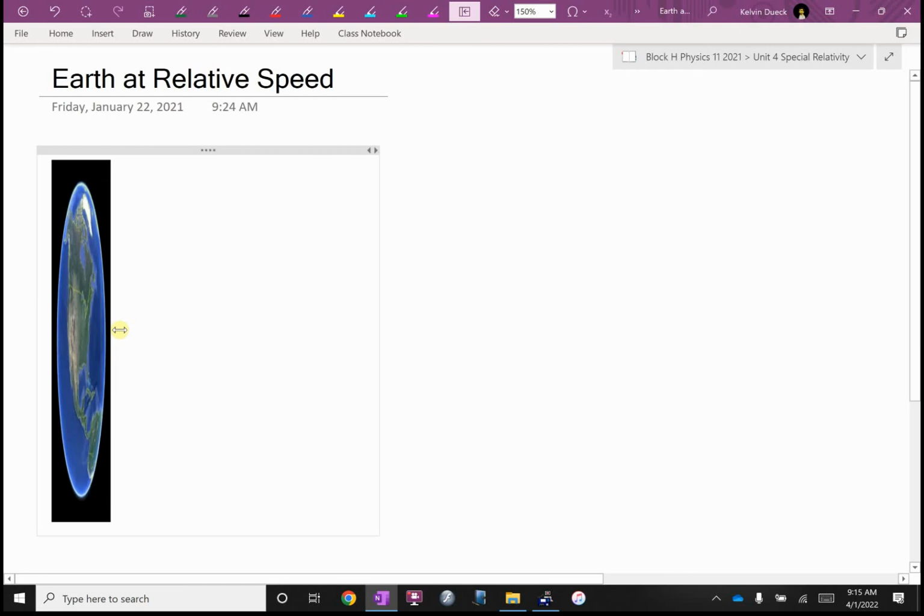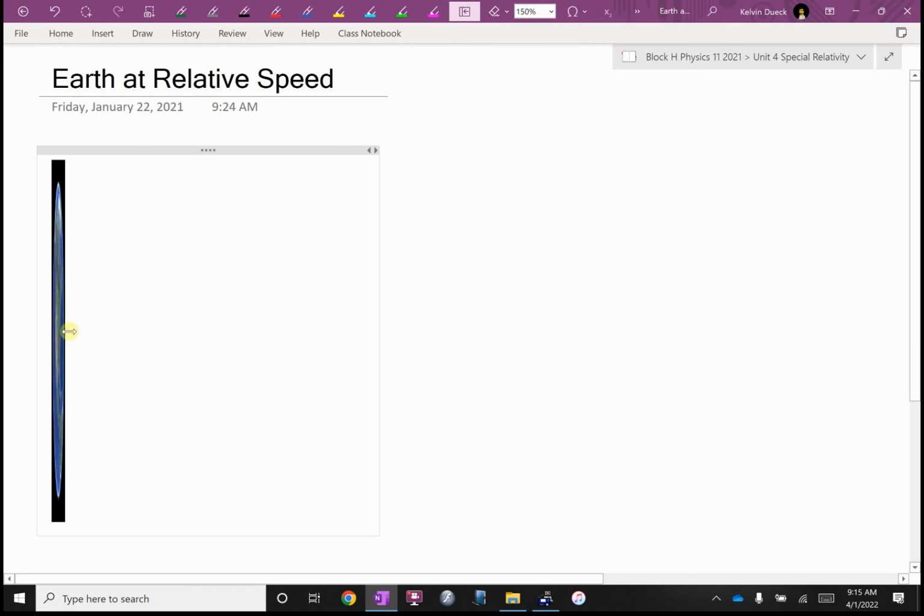And if you went at like 99% of the speed of light, the Earth would look like that to you. That's the universe that we live in. While you were moving at that speed, any experiment you tried to do about the Earth would tell you that its width was that. That's why when we did that star trip, when the people actually measured the distance in light years, they got a different answer, because space-time itself was contracting in the direction of their travel.